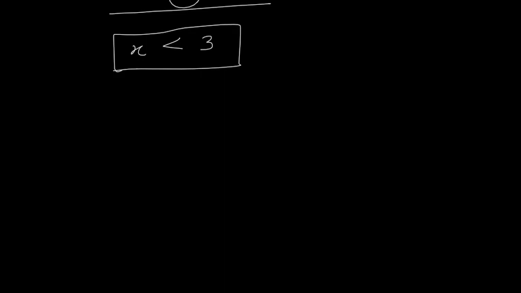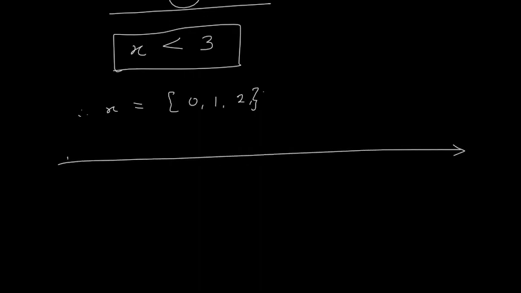x belongs to whole number, so therefore x is equal to, whole number will start with 0, 1, 2 and it should be less than 3, so I will not include 3, and we have to represent it on number line. So this is our number line. Here I will mark 0, 1, 2, 3, 4, 5, something like this, and then I will shade here.